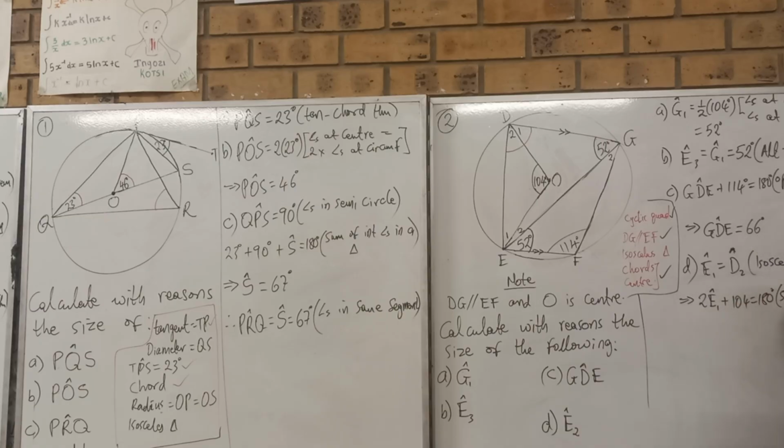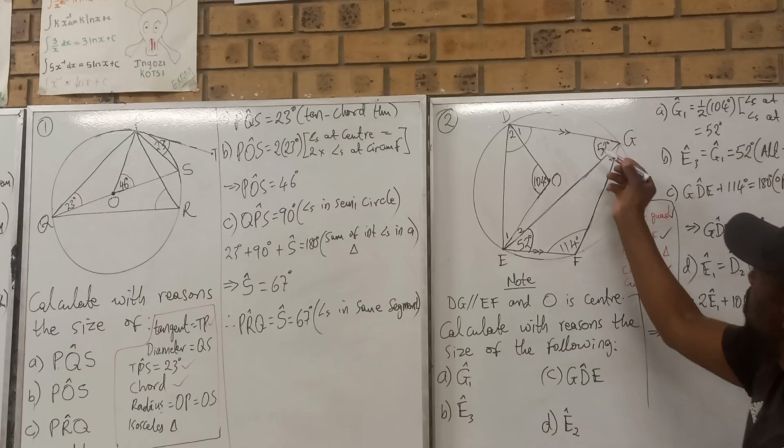That is sum of interior angles in a triangle. So that is going to get me the meaning of E1. To get my E1, I subtract 104 from 180, then divide by 2. So 180 minus 104 gives me 76, and divide by 2, I get my E1 as 38.